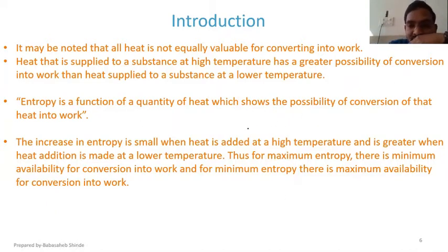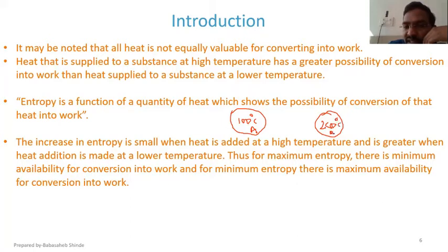Consider there is one source at temperature 100 degrees Celsius. Okay, suppose this is A, and there is another source, or let's consider another body that is at temperature 200 degrees Celsius.